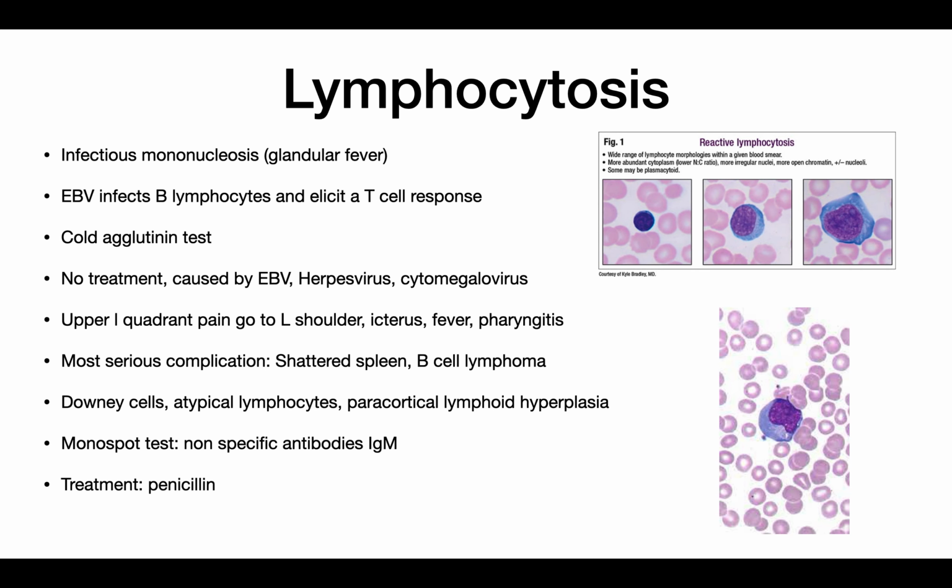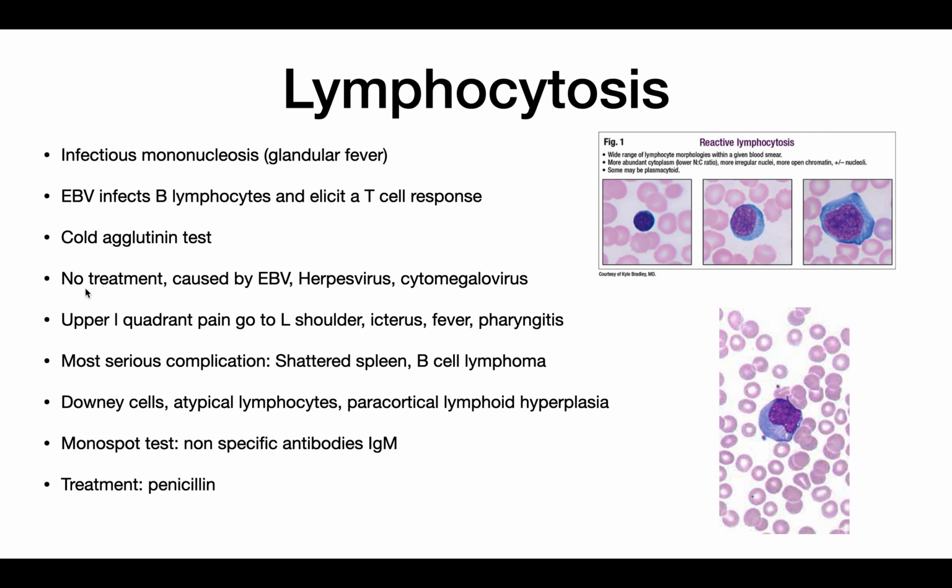Okay, so lymphocytosis is reactive, where there's a bunch of lymphocyte morphologies found in the blood smear, and usually it's caused by infectious mononucleosis, or mono, where the Epstein-Barr virus will infect the B lymphocyte and elicit a T cell response.